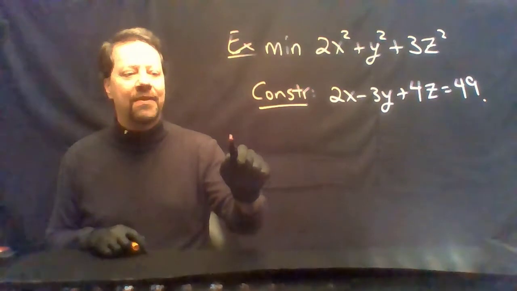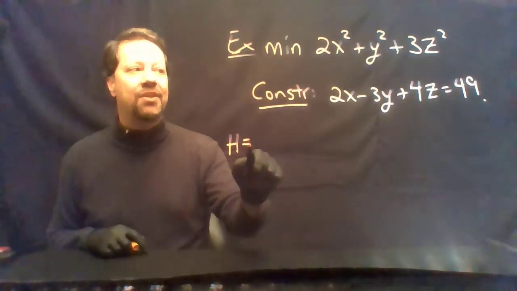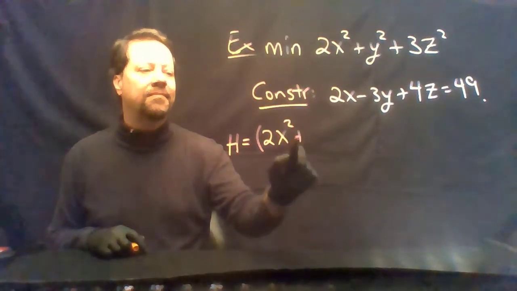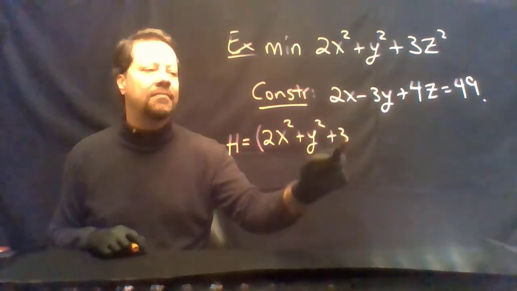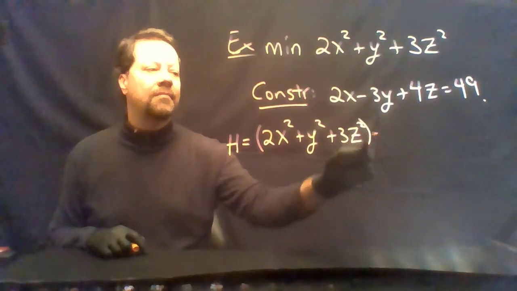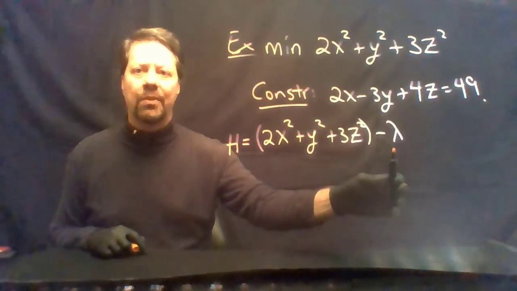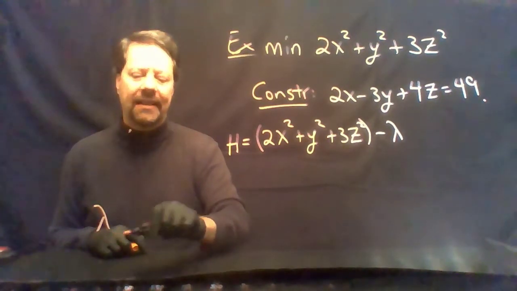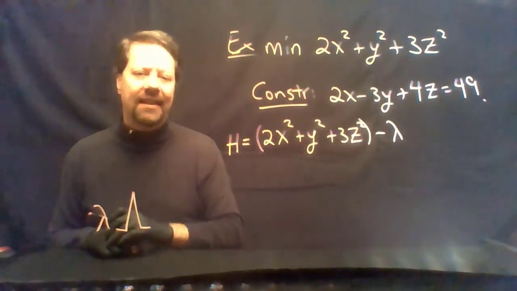So, the first step is to form the function h, which is the function f, the objective function, minus the Lagrange multiplier lambda. This is the lowercase Greek letter lambda. The uppercase Greek letter looks like this.